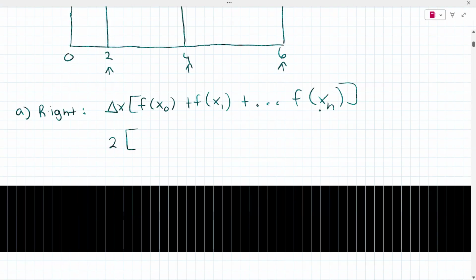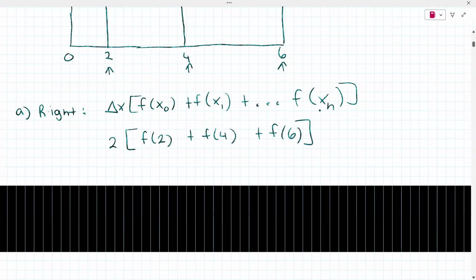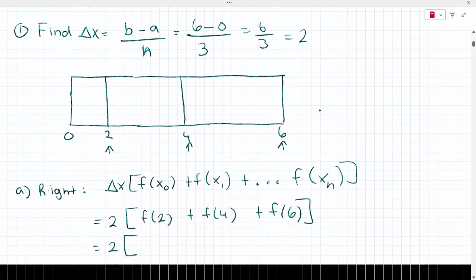So the first one would be what is the height when your x value is 2, plus the height when your x value is 4, plus the height when x is 6. You can look at your chart.